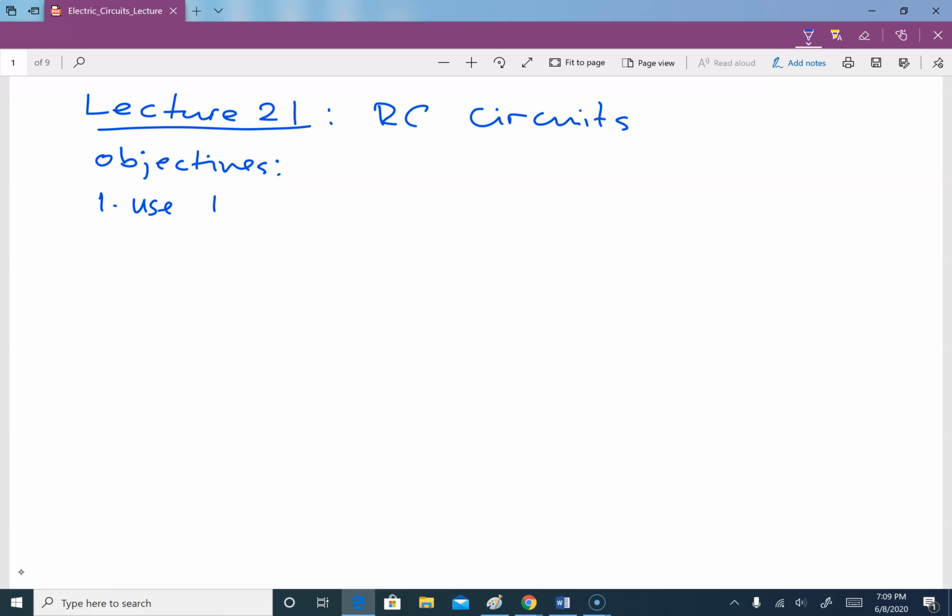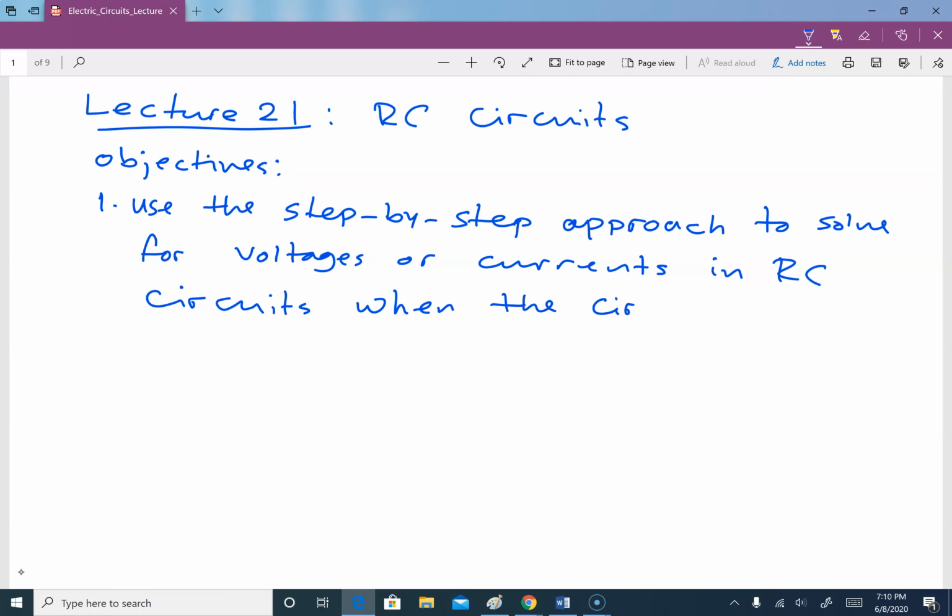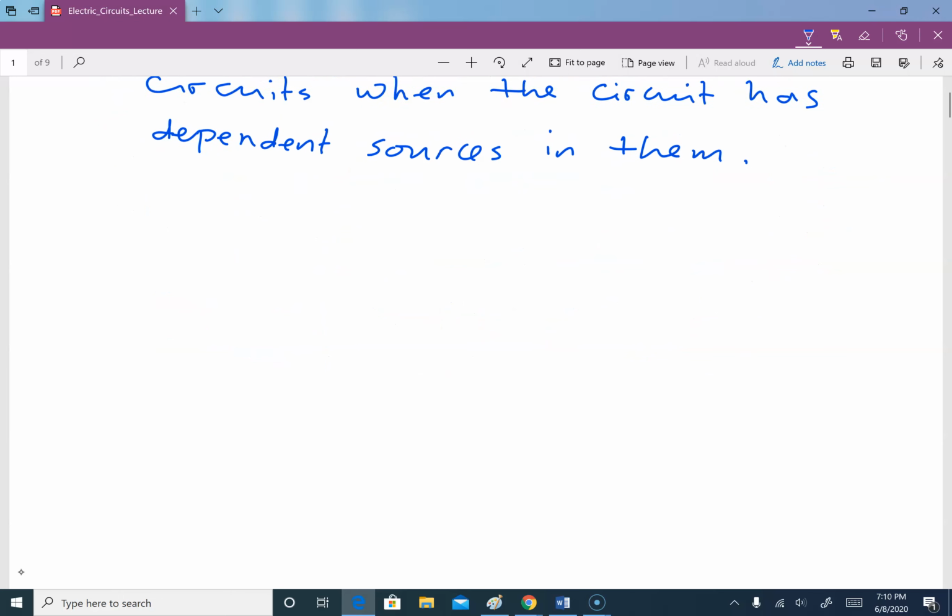Use the step-by-step approach to solve for voltages or currents in RC circuits when the circuit has dependent sources in them. So this is what we will do.